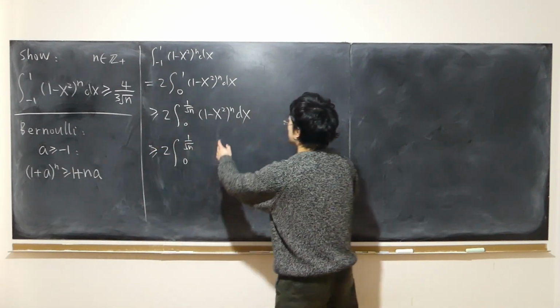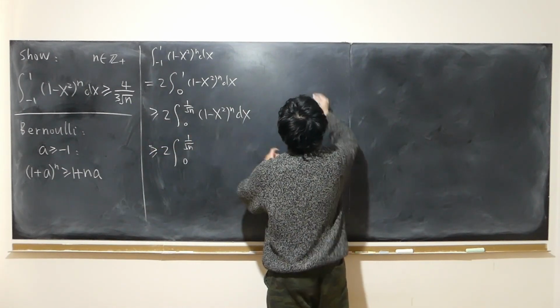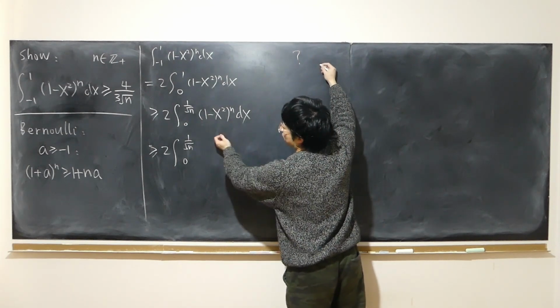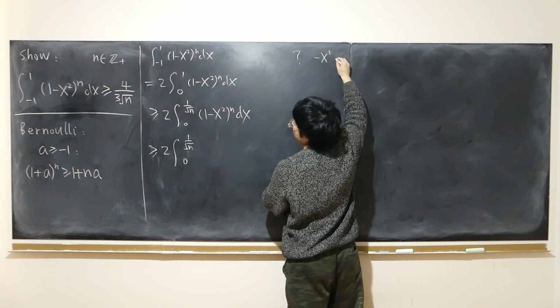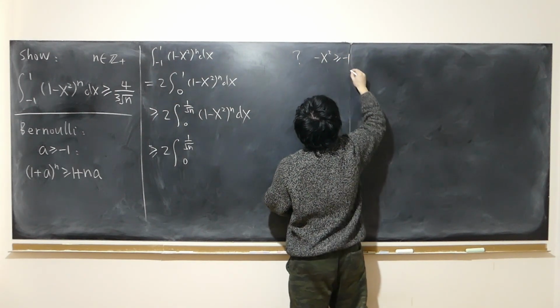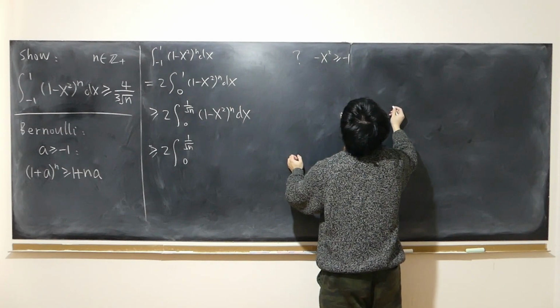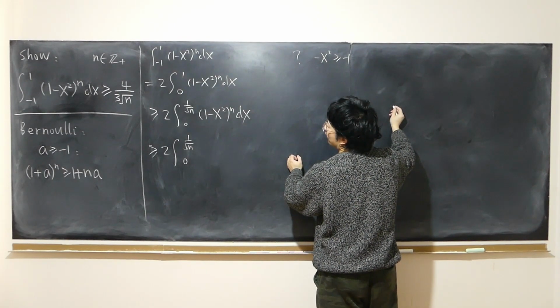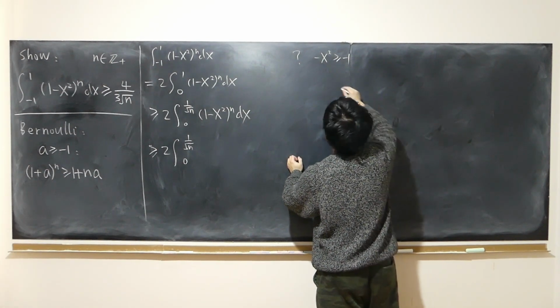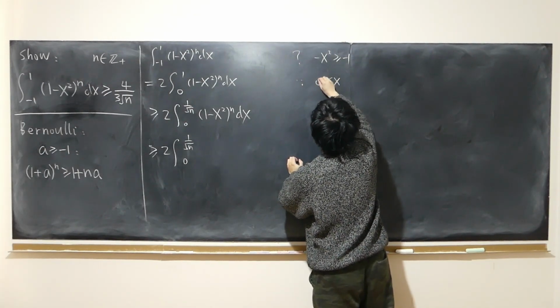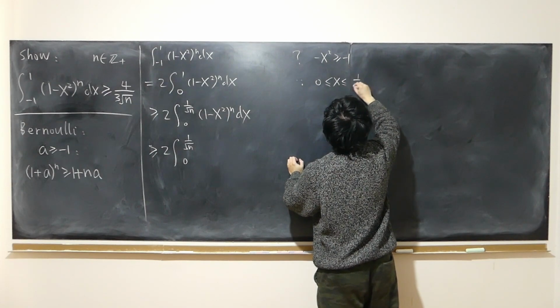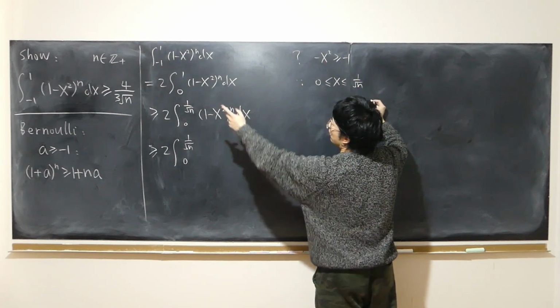So we're going to see if negative x squared is bigger than or equal to -1. I believe so, because x this time is between 0 and 1 over square root of n. n is some positive integer.